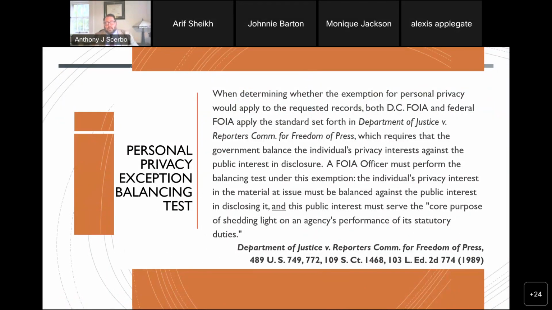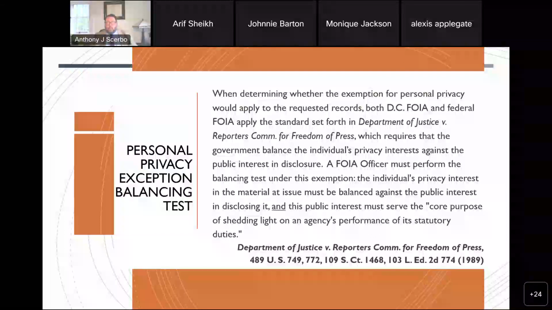This is essentially a balancing test. When determining whether the exemption for personal privacy would apply to requested records, both DC FOIA and federal FOIA apply the standards set forth in DOJ versus Reporters Committee for Freedom of the Press, which requires that the government balance the individual's privacy interest against the public interest in disclosure.